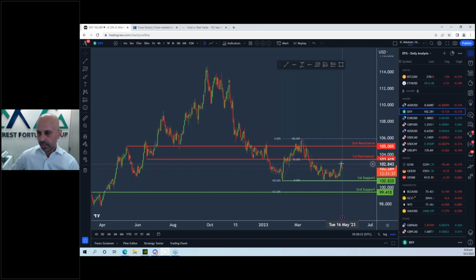This could be a case of profit taking, and it's also attributed to the economic data point that came out yesterday, which was the Empire State Manufacturing Index. So this measures manufacturing activity for the state of New York. So it had a big miss.